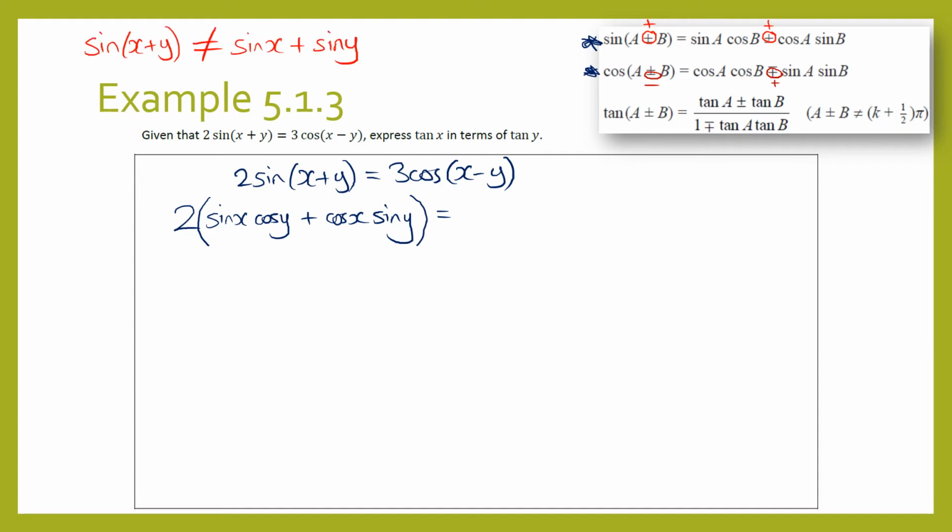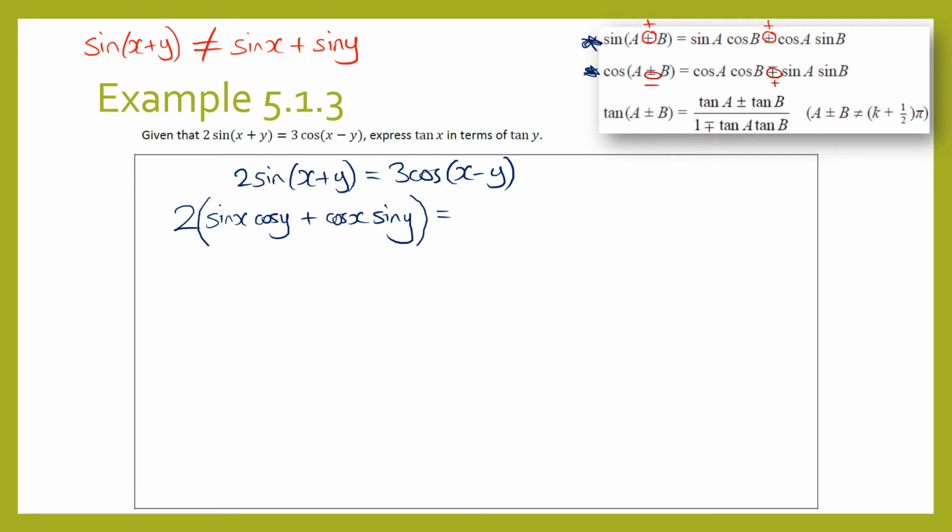Let's just go back to sine of x plus y for a moment. Please do not ever make the mistake of thinking that sine of x plus y is sine x plus sine y. It isn't. This formula shows us it isn't. Later in the chapter we will see where these formulae come from, but don't think sine of x plus y is sine x plus sine y. You might think, oh, just expand the brackets, but actually there's no multiplication going on here.